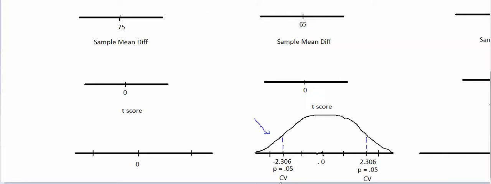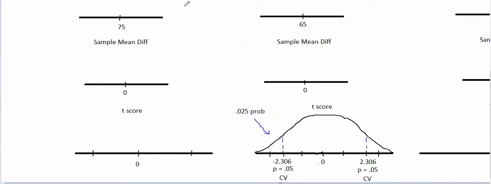So the probability of the t-score landing in this area right here, in this tail, is actually half of the p-value. If you divide 0.05 by 2, it's 0.025. So I want you to say 0.025 probability like this.